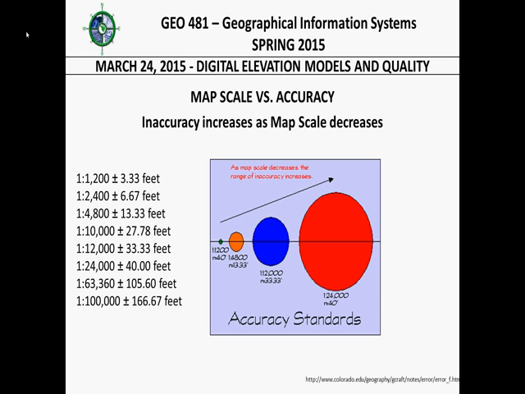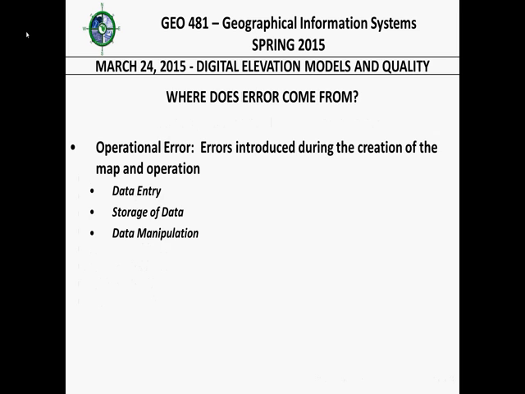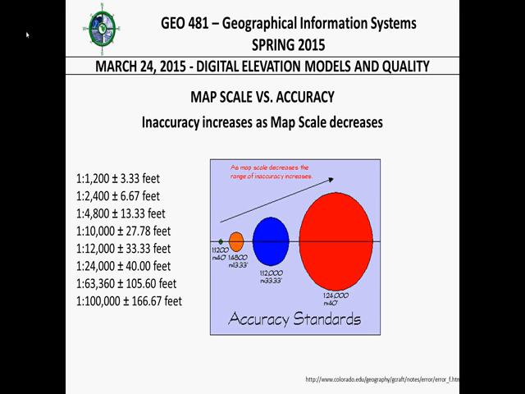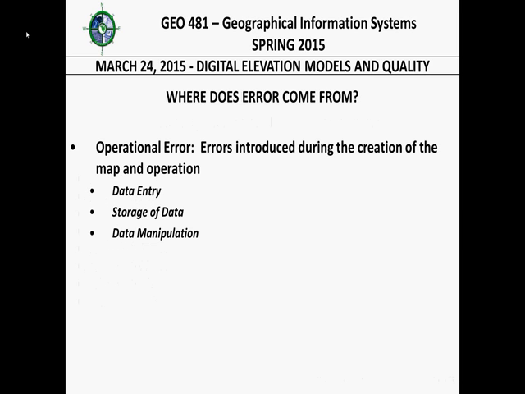A large-scale map will, assuming the same protocols are followed as far as digitizing, as you go to a larger scale map, the accuracy increases. The margin of error decreases. Hopefully that should be self-explanatory. So a good question is, what is the relationship between map scale and accuracy?